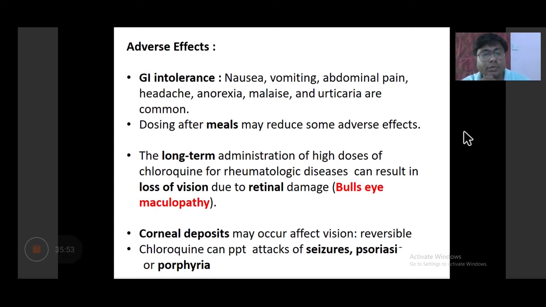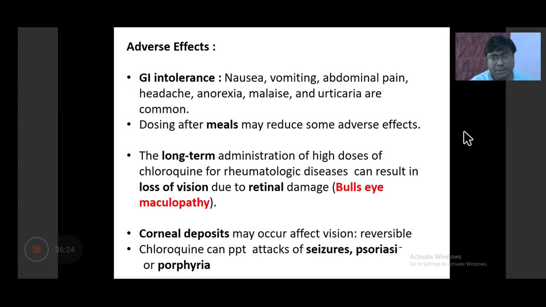Long-term administration of high dose of chloroquine for rheumatological disease can result in loss of vision. So you will see, apart from malaria, there are other uses of chloroquine. We'll see that. Here in malaria, we are using chloroquine for 3 days. But in inflammatory diseases and autoimmune diseases, where we use chloroquine for a very, very long duration, the accumulation of chloroquine in the retina will lead to retinal damage.